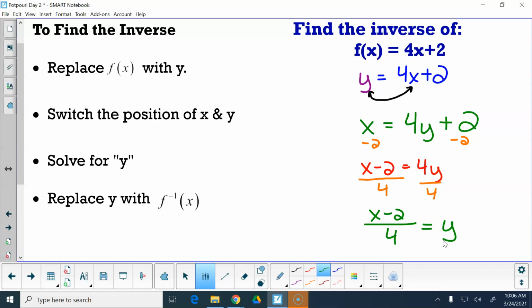And then lastly, we undo, if you will, our first step. So we were going to switch it back from equation form into function form. But now this function is our inverse.